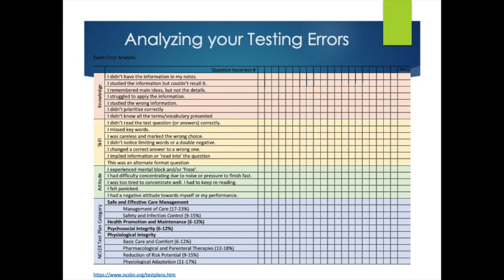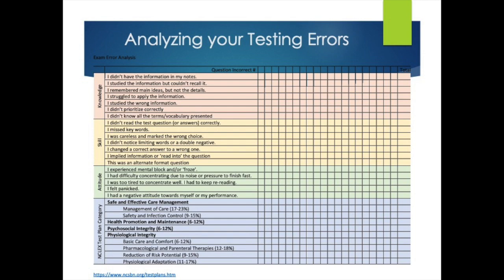So for example, safety and infection control and basic care and comfort are mostly covered in your sophomore classes. If you're missing some of those aspects when you go to take these exams, you need to go back and review some of that content and make it stronger, right?